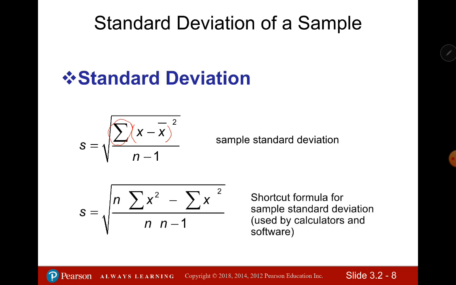We have another shortcut version to help us calculate. In this formula, I'm not sure if in your PowerPoint you can see the parentheses or not. I don't know why the parentheses are missing here. This formula is easy to calculate. If you want to do it by hand, I prefer to use the second one.